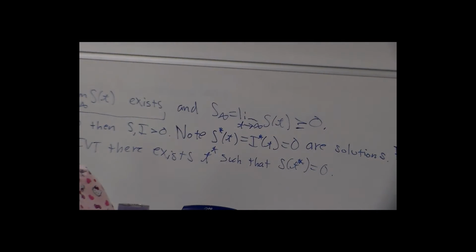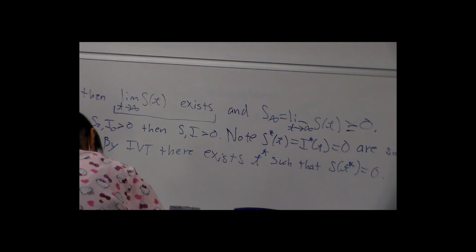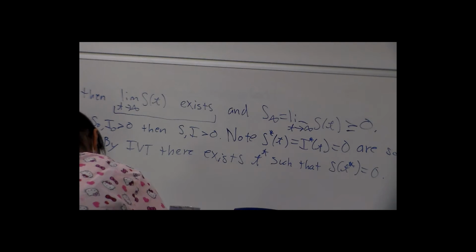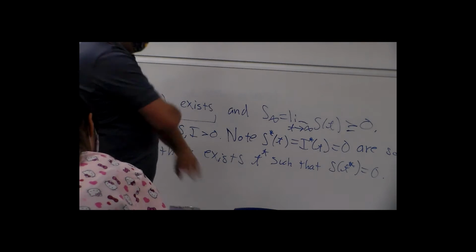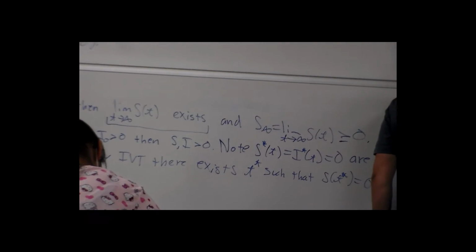Now, why is this a contradiction? Let me draw it. So who knows what it does? We know the derivative is always negative at least, so maybe it does something like this.